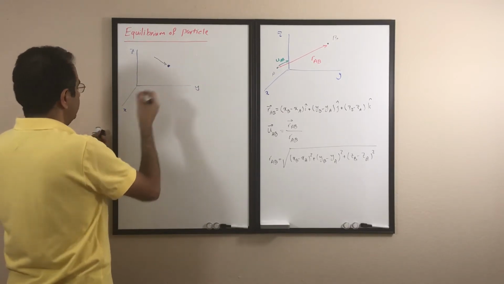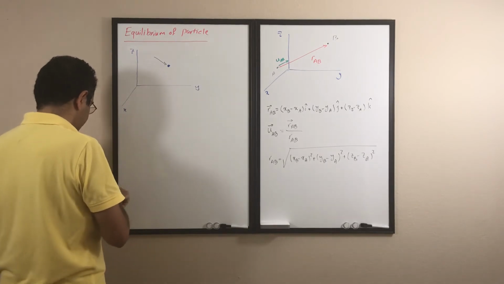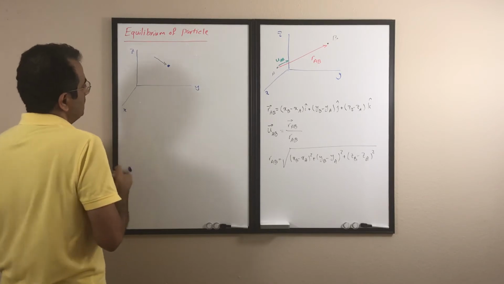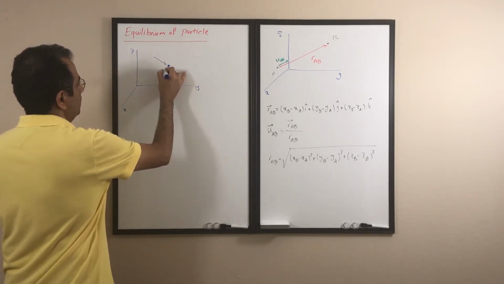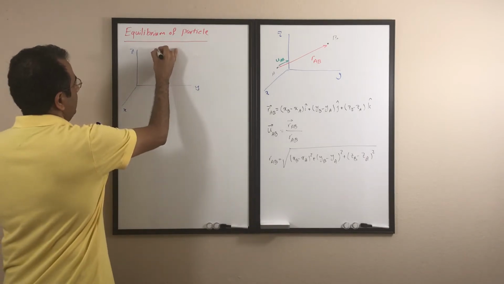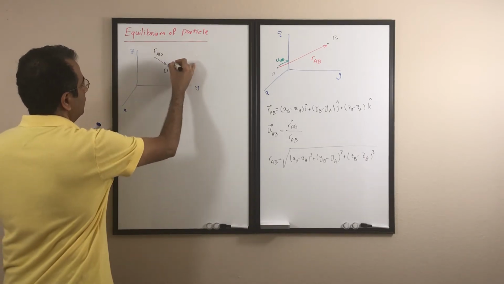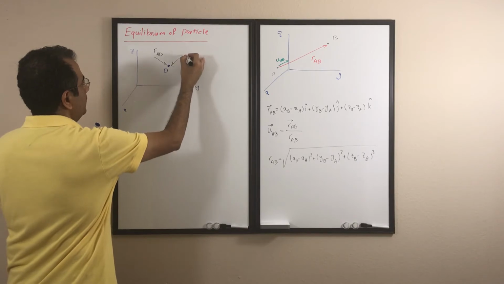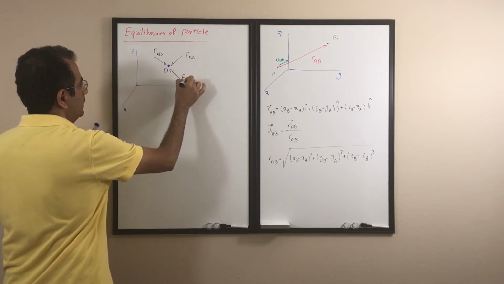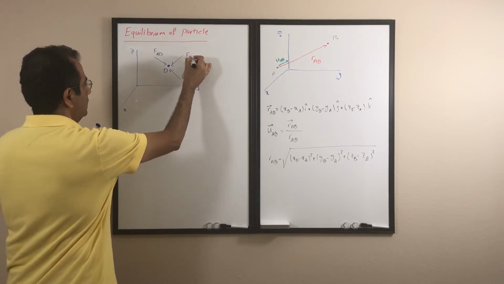For example, assume this point is D. So this is, for example, FAD. I have, for example, FBD, and I have FCD.